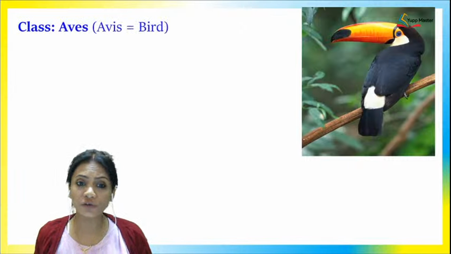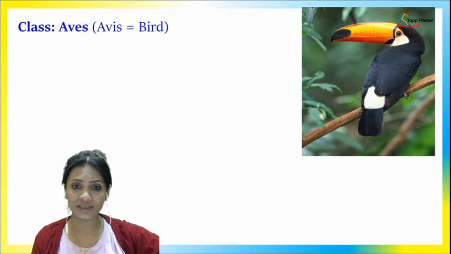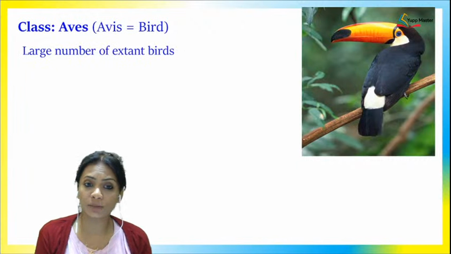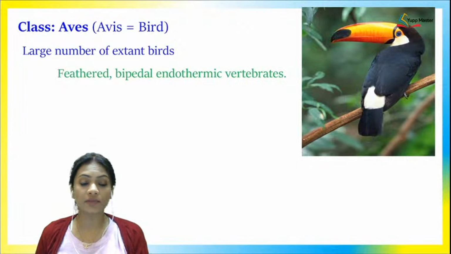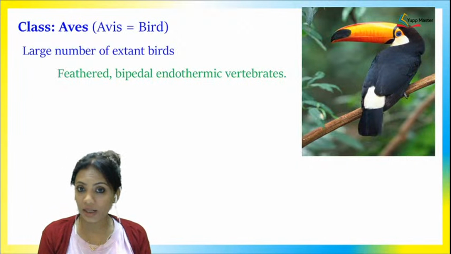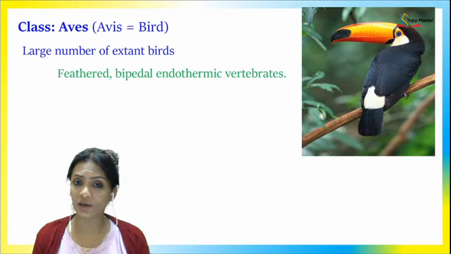First of all, class Aves is called Aves because the word Avis basically means bird. These are a large number of extant birds, and they are feathered and bipedal. Bipedal means that they are only on two legs.